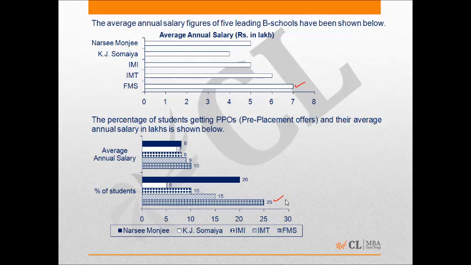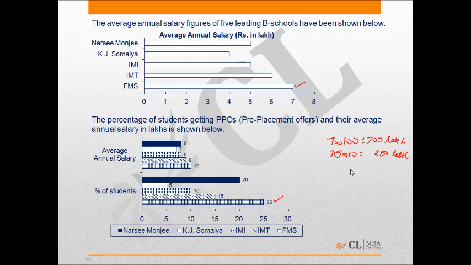Correct? Now, in total 100 students, so the total salary that those 100 students make is 7 lakh into 100, which is 700 lakh. Also, 25 of these students get a PPO, so the salary of the students who get a PPO is 25 into 10, which is 250 lakh.